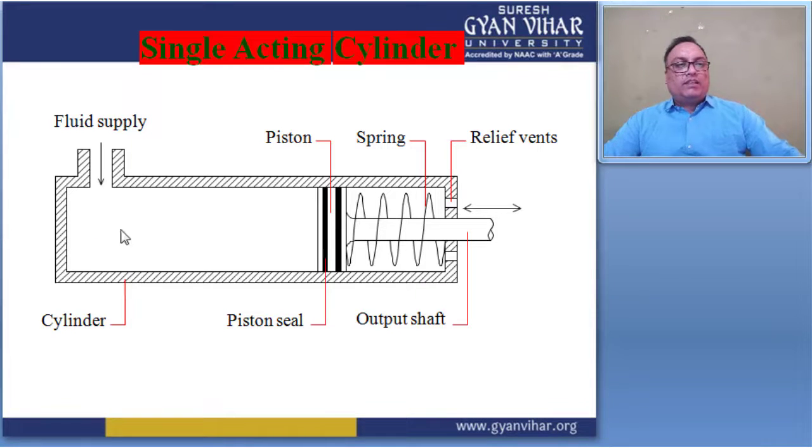The relief vents create air vents when the piston is in the extending position. And this is the output shaft, which performs the desired action to complete the mechanical work, right?